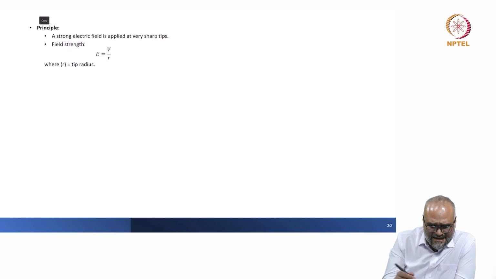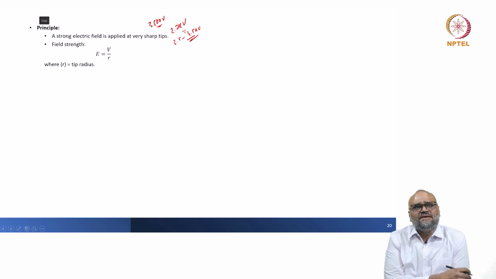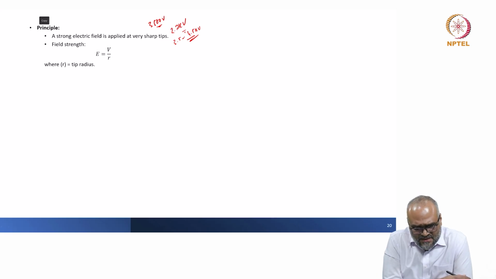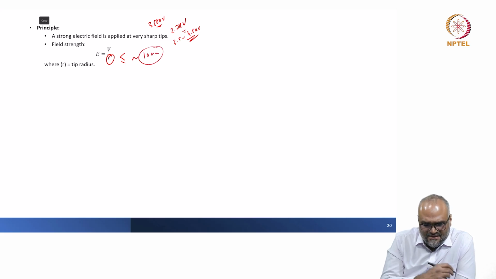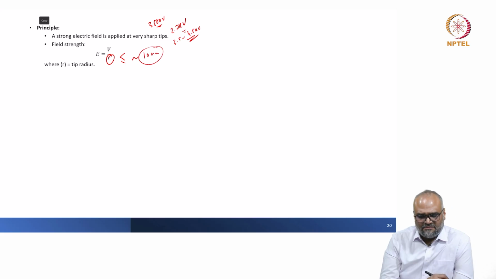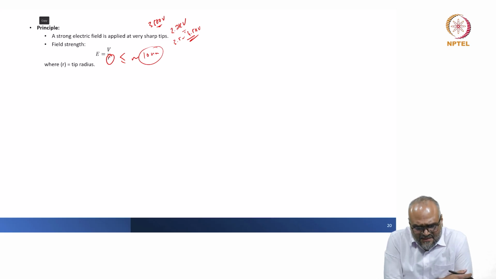Typically, the extractions start from around 2.7 kV and you go up to 3.5 to 4.5 kV depending on the mode that you are operating in. And if my tip radius is in the order of tens of nanometers, you can see that my electric field is extremely high.